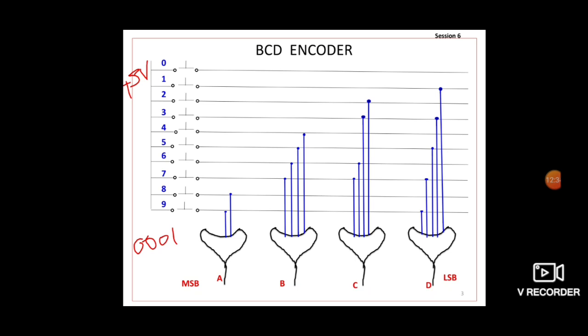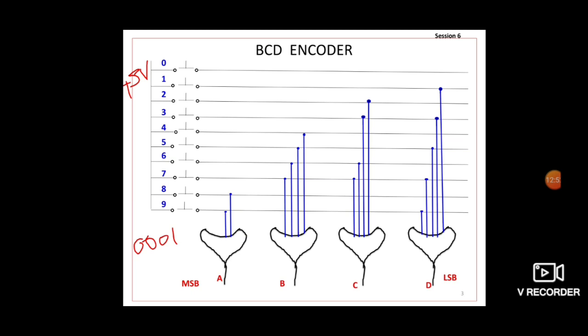Understood, student, this BCD encoder diagram? Okay, means for any combination of numbers pressed from 0 to 9, the respective OR gates are automatically attached to these switches. Understood?